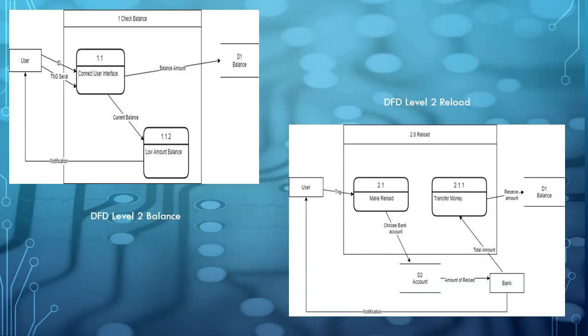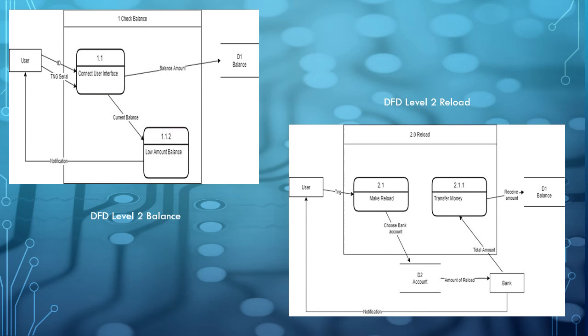And for the DFD level 2, we have balance and reload. The balance diagram shows more detail about how to check the balance. The user needs to connect to the user interface, and it can go to the balance and show the low amount of balance, to process in the balance.